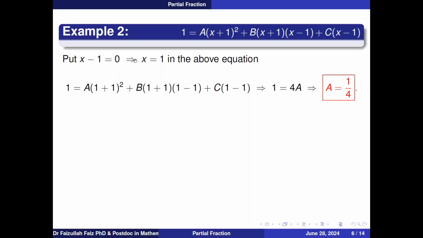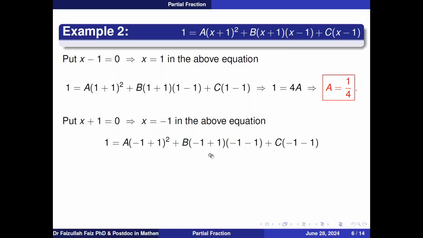Next we put x plus 1 equal to 0, and from this we get the value of x, which is -1. Now in this equation, in each place of x we put -1 and we get this equation. Now the first term becomes 0 because there is -1 plus 1.